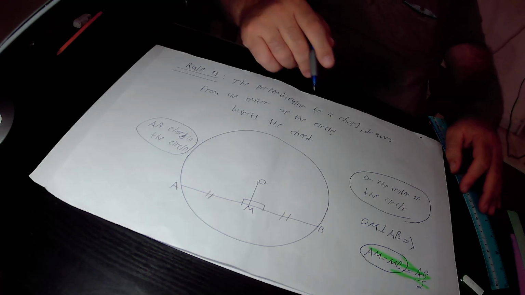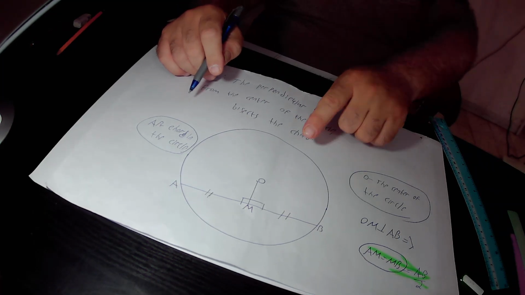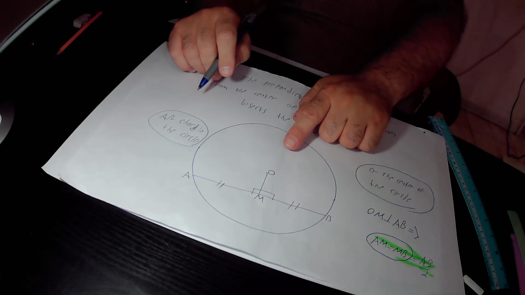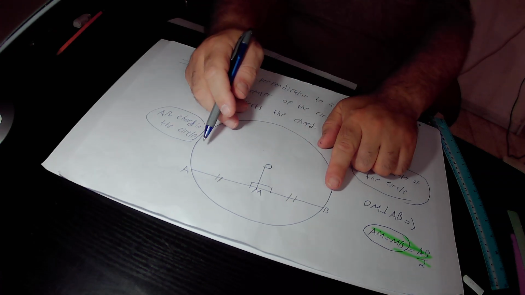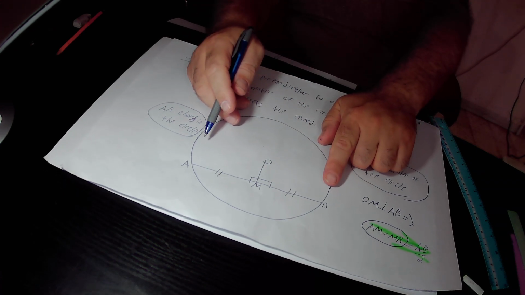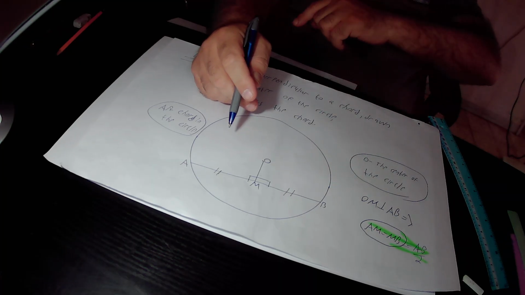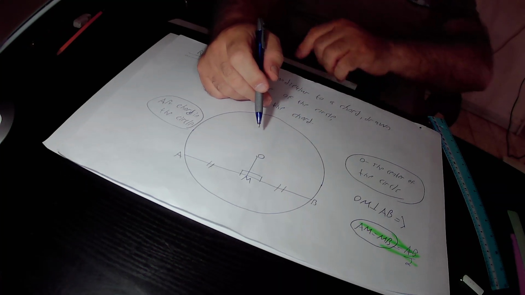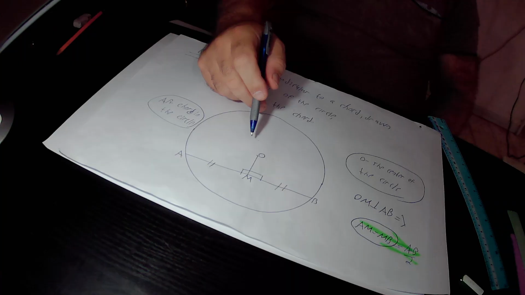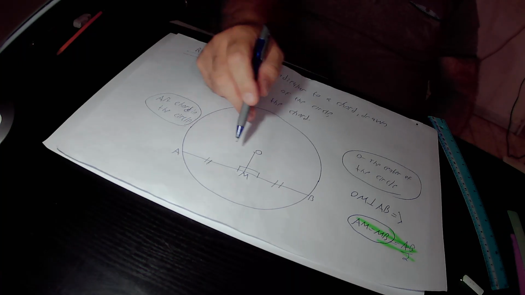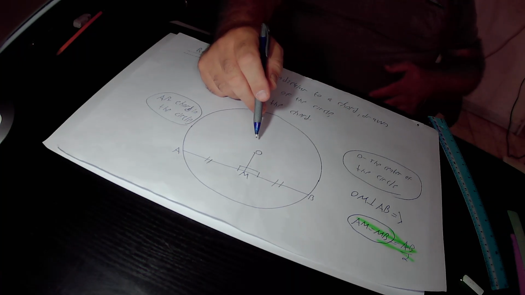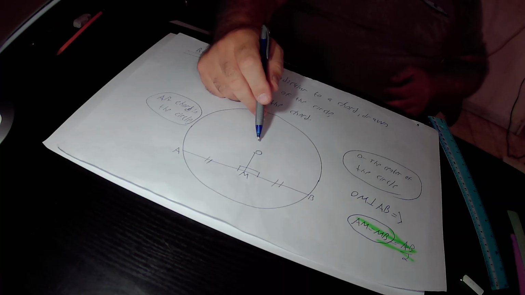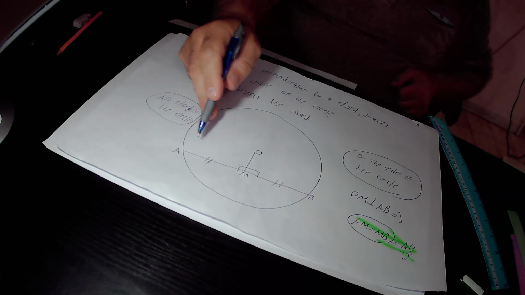So in the moment we have a circle, point O is the center of the circle, and AB is a chord in this circle. From point O, we draw perpendicular OM on chord AB.